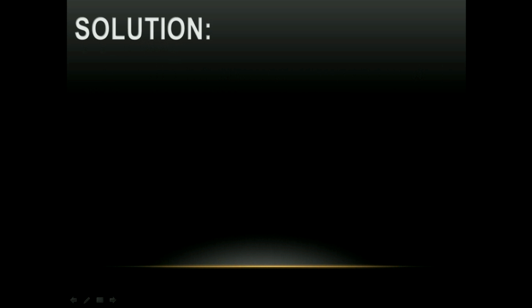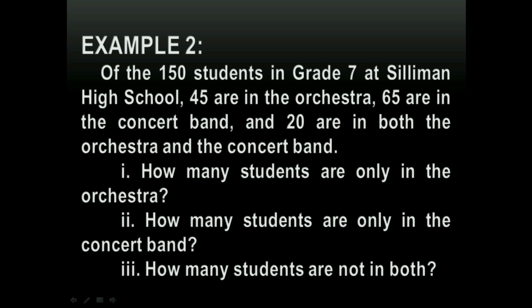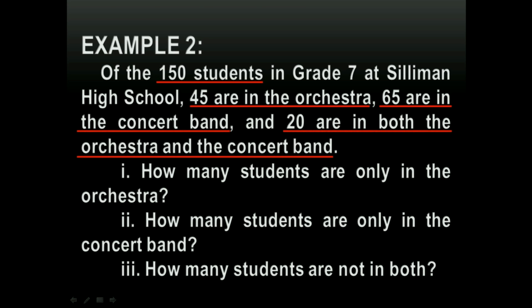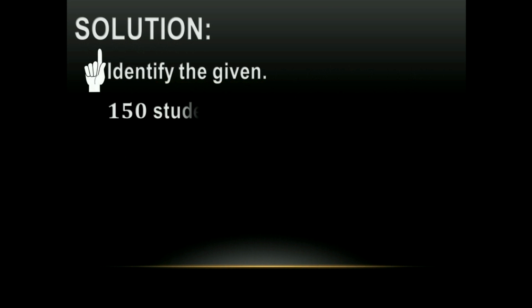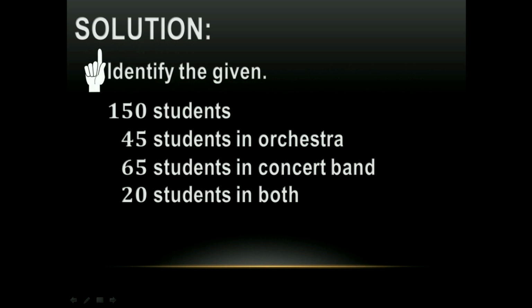Again, for the solution, we will use the 3 steps. Step 1, identify the given. Let's go back to the problem. The given here are 150 students, 45 in the orchestra, 65 in the concert band, and 20 in both. We have to list all the given, but we have to make this into mathematical terms.